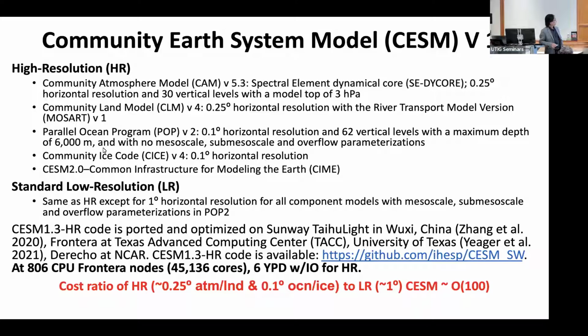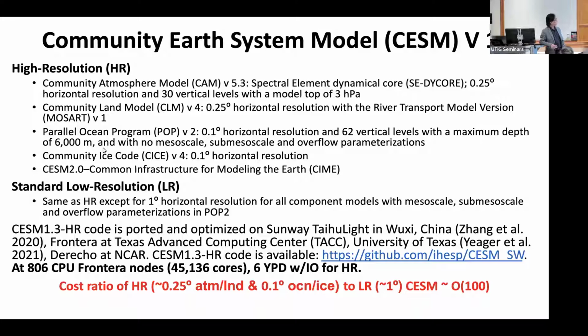So the atmospheric component is called the Community Atmosphere Model version 5.3. And the version we're using is different from the standard CESM. We use the spectral element dycore, which actually runs more efficiently for the high resolution configuration. So I want to make sure everybody understands that. So we're using the SE dycore, and the horizontal resolution of the atmosphere model is 1/4 degree. The standard model runs at 1 degree, as most of you know. 30 vertical levels, we did not change the vertical resolution, and we're not running the high top model.